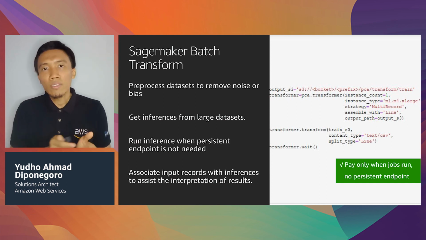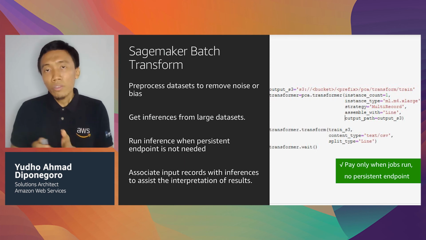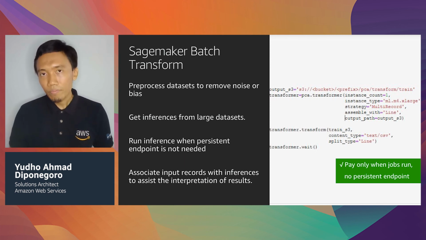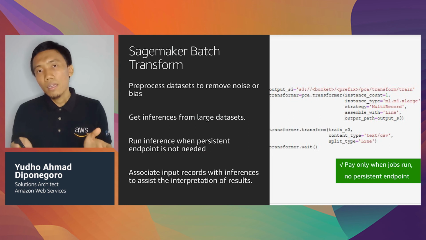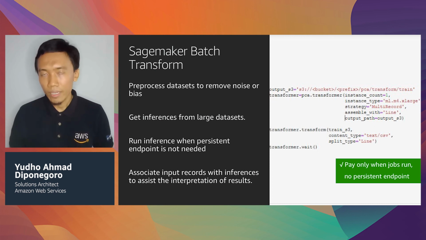For this kind of use case, likely you don't need an instance that's always running. So you can use SageMaker Batch Transform, which can give you compute capacity whenever you need it, on demand or as part of the machine learning job, and only be billed according to the duration of the job run.